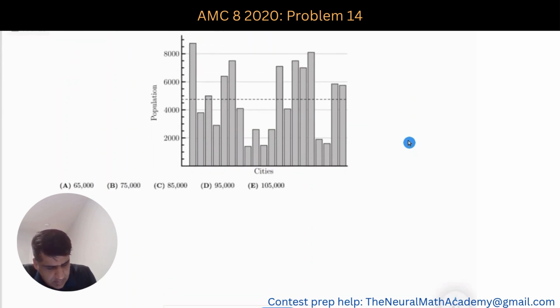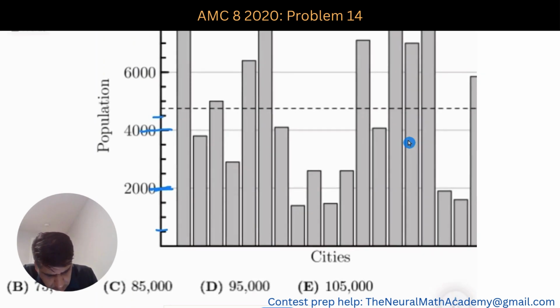So now if I read, I can see that each of these grid lines is 500. So it is 2000 here. I have 4000 up there. And then this is 4500. And this dotted line is in the center of these, like this 4500, and it is between 5000. So then it would be 4750.